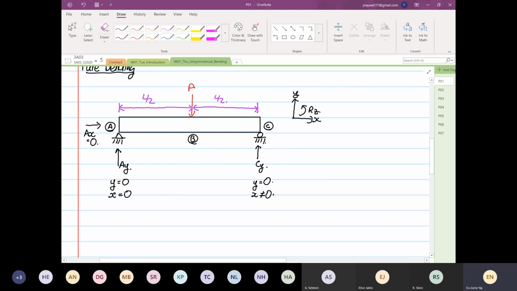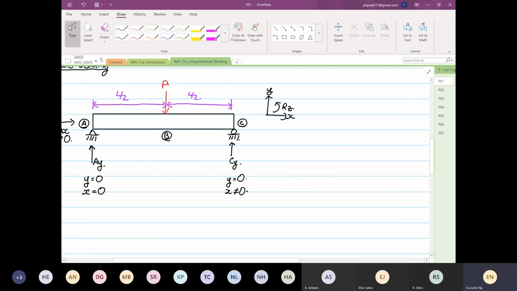Now, in pure bending, like what you can see over here, where the structure is supported and you have a load in the center, we can find the stress in the x direction, which is equal to Mz over Izz multiplied by y, and in general you will have a negative sign in front of this formula.